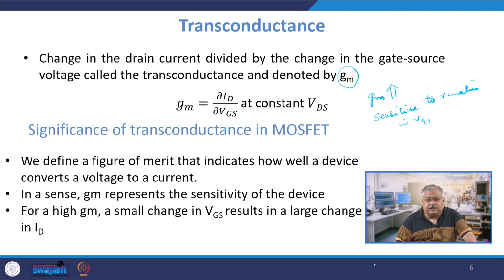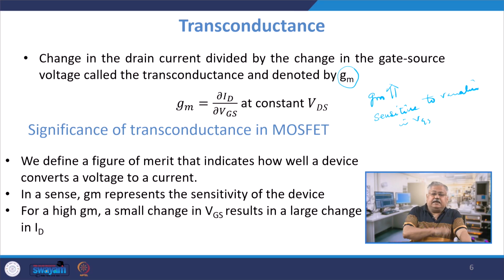So I will do a small change in VGS and I would possibly get a very large change in the drain current, and that is what is shown here. So the sensitivity of the device is directly related to the transconductance of the MOS device. The converse is that if GM is small, I need a larger gate voltage for the same amount of current to be generated. Please understand, this is with the condition that I have a constant VDS.